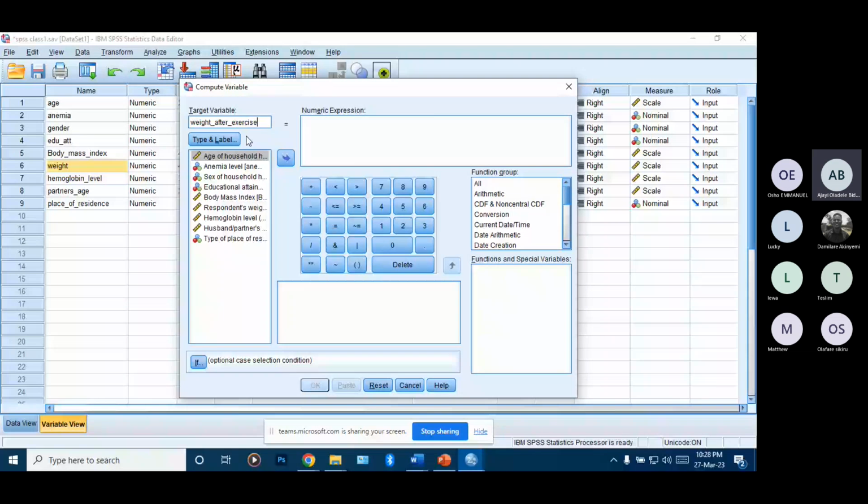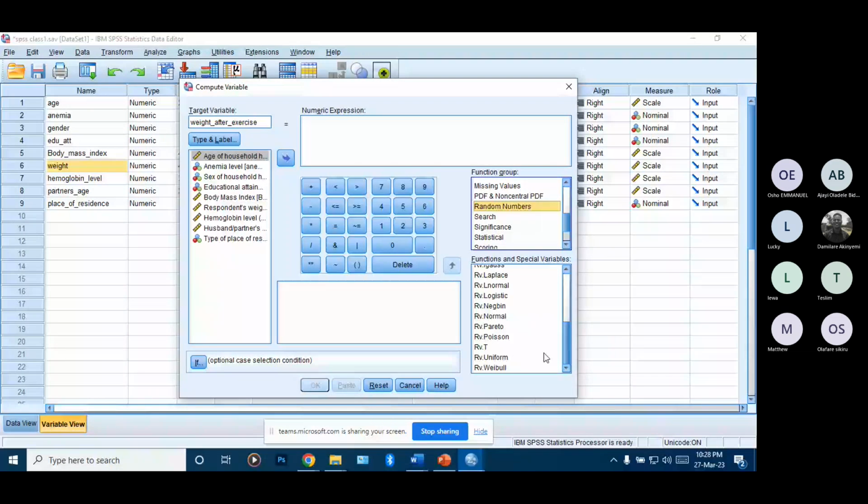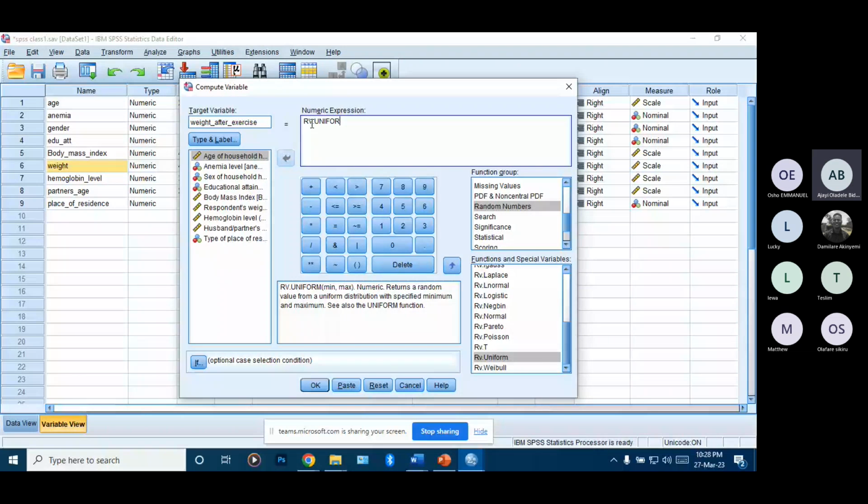I want to generate random numbers, but the random numbers will be generated following a uniform distribution. So, random variable uniform, minimum value, let me say 410, and the maximum value now is 600. Close it.